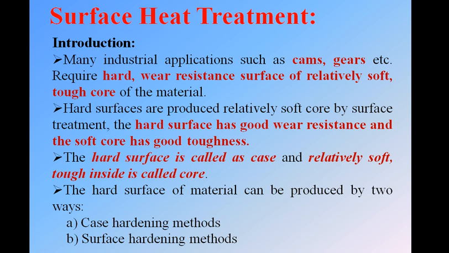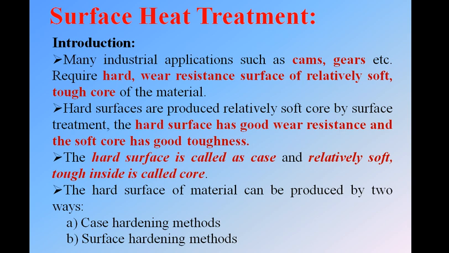Where there is friction, only the outer surface of the material is in application; what is inside the material is not of use. Cams and gears are always in friction, so they require a hard and wear resistant surface.